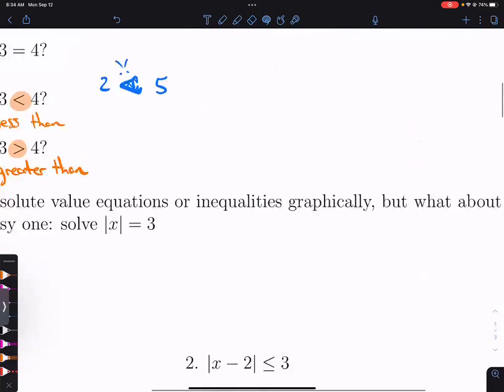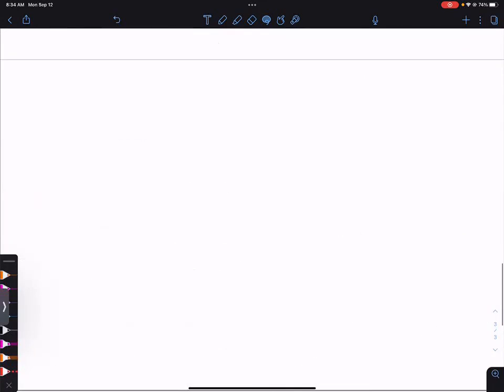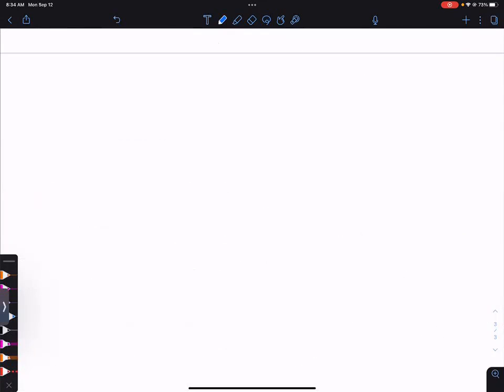Okay. So let's think about how we can solve an absolute value equation by hand, right? Solving absolute value equations.